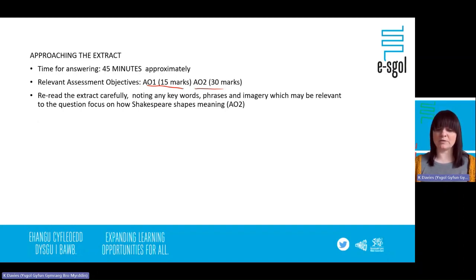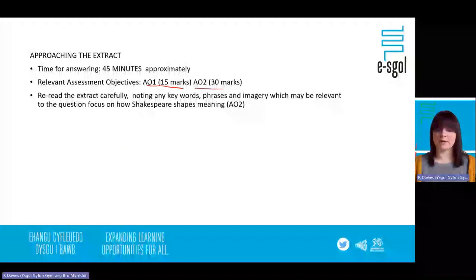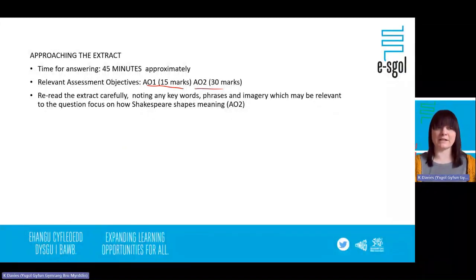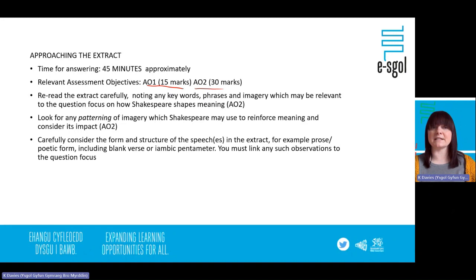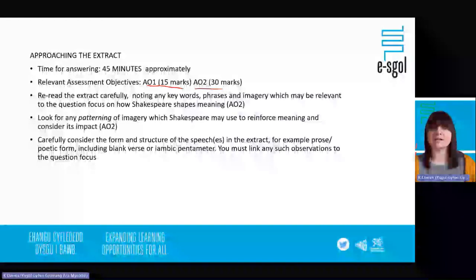The whole time you need to be thinking about how Shakespeare shapes meaning through his choices. Look for any patterning of imagery which may be used to reinforce meaning, or to make you consider its impact. Then carefully consider the form and structure of the speeches in the extract.